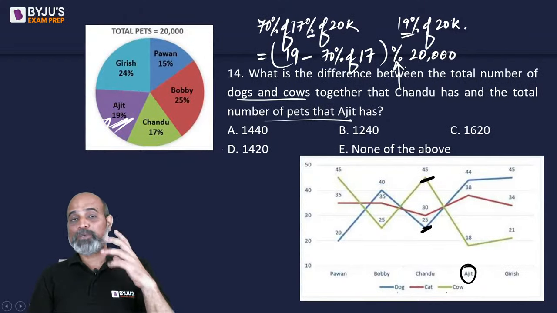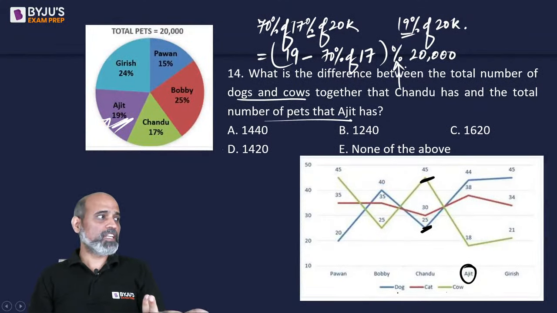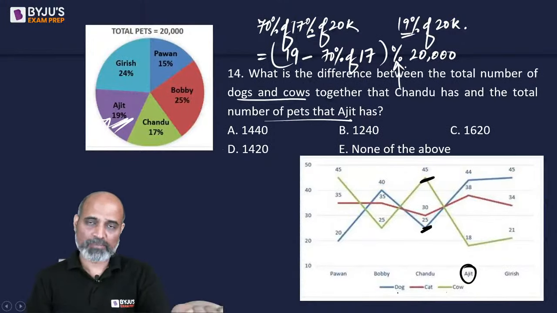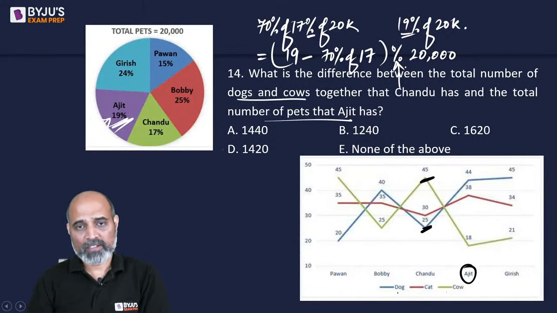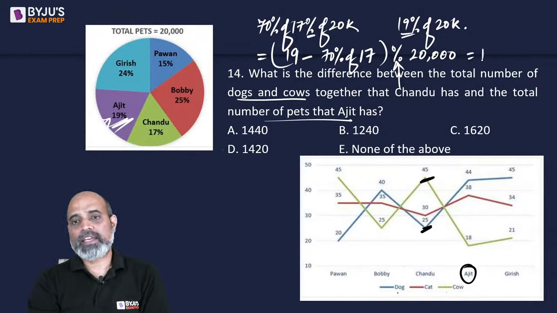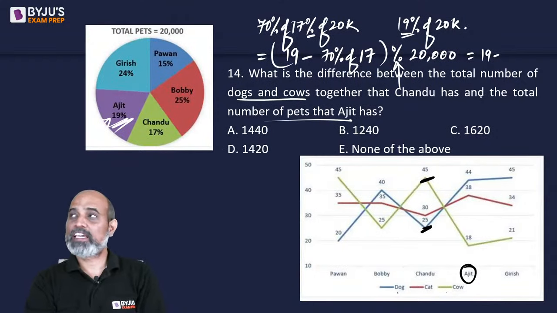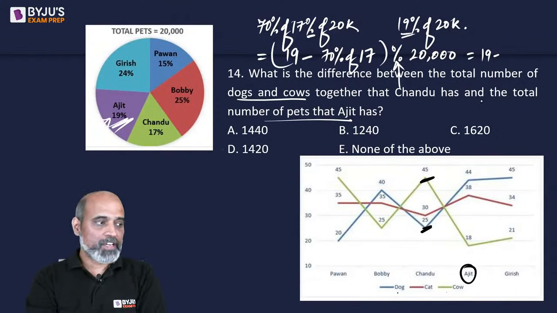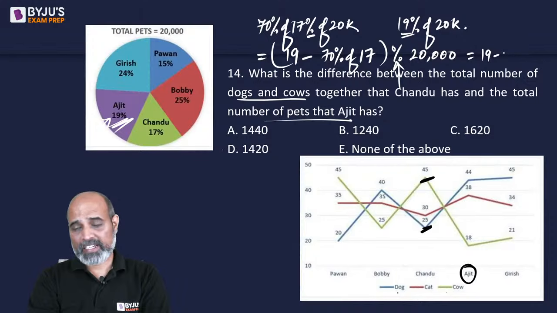Now what is 70% of 17? 70% of 17 means 7 into 17 and put a decimal point. है ना? Why one decimal point? क्योंकि एक 0 तो चला ही जाएगा. So this is going to be 19 minus 70 plus 49, which is going to give us 119. So 11.9. And this percentage will take care of 2 zeros. So into 200 is what we need.